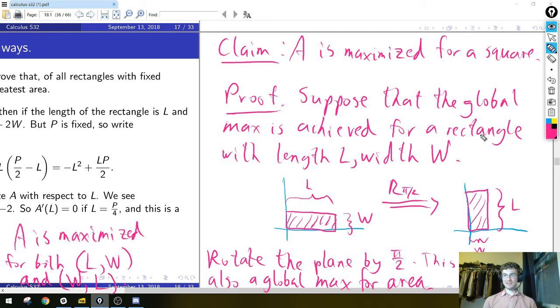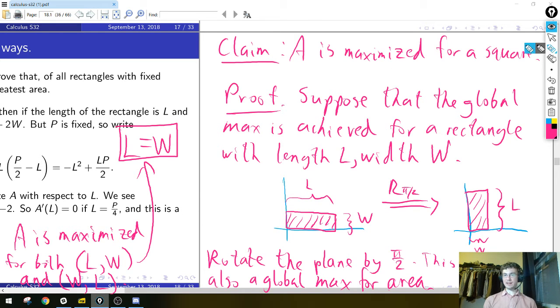Global max is the highest value of area achieved for all possible values of L and W. So the only way you can achieve that global maximum with two different pairs, L comma W and W comma L, is if those two are equal. So the only way this can be true is if L equals W, so it must be a square.